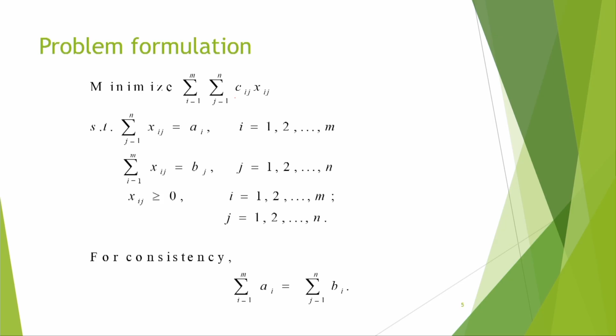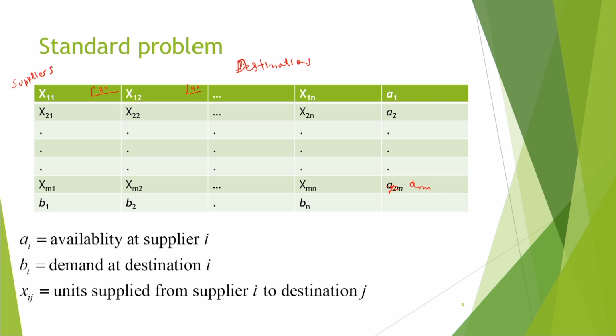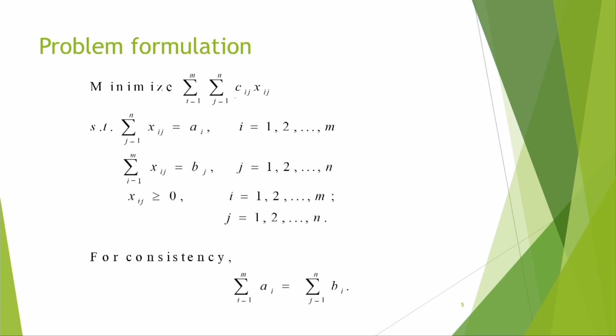So in each row there are n columns, and I am summing them and making it equal to the corresponding supply. You can say x11 plus x12 plus x1n is equal to a1. So you get it like that.